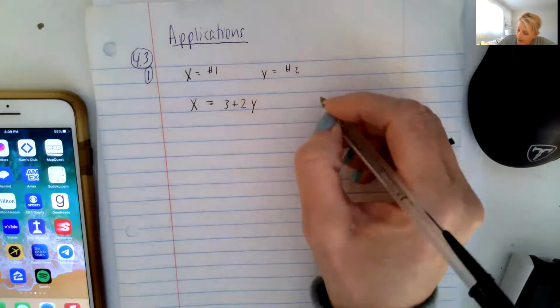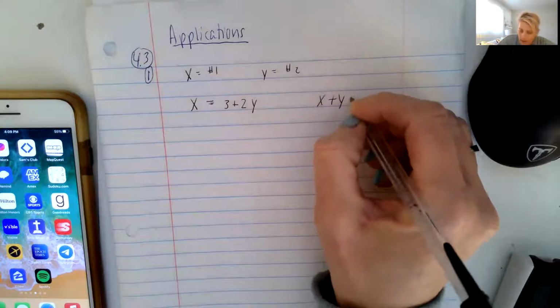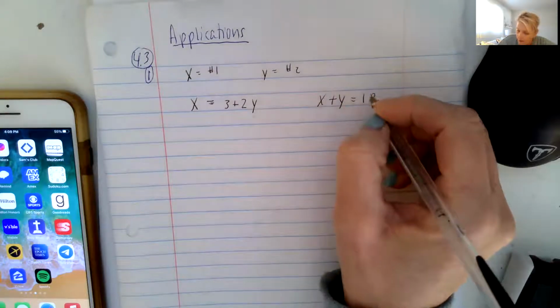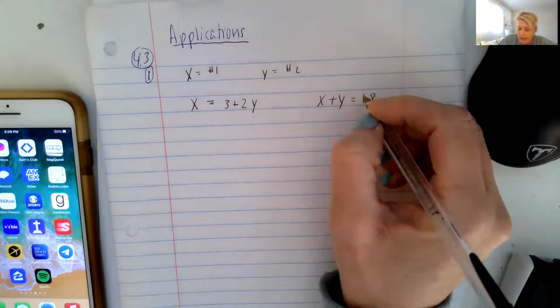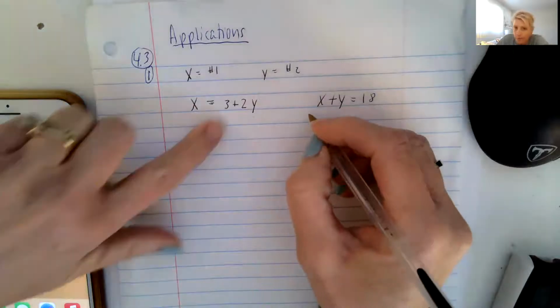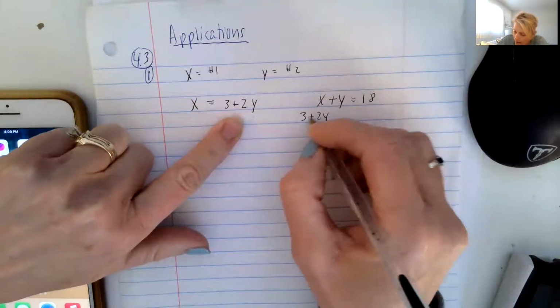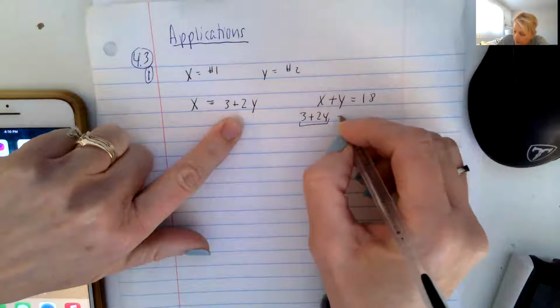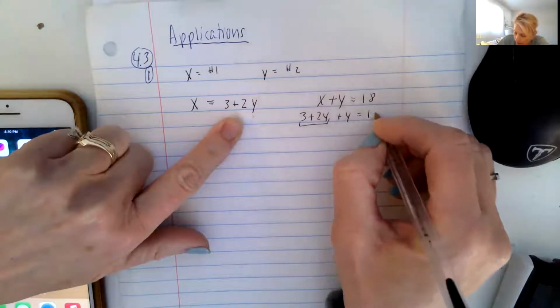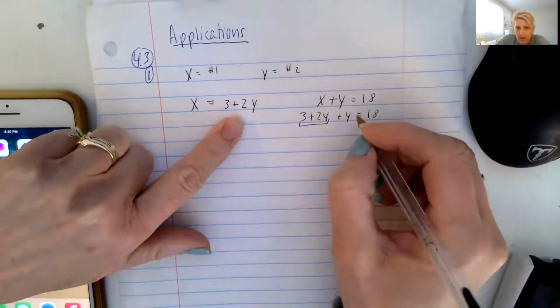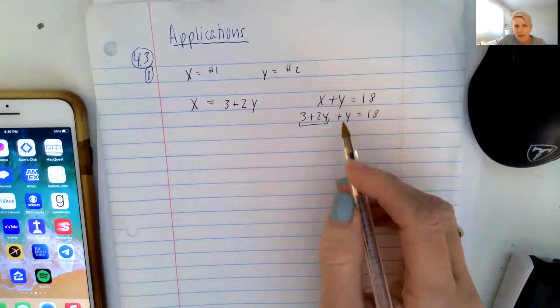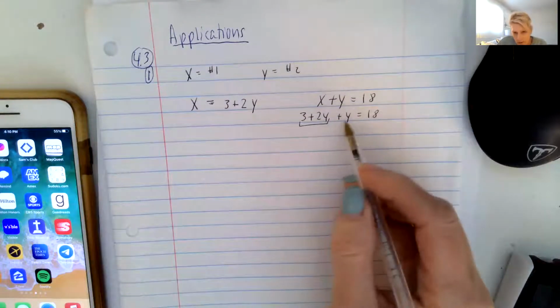So that means when I add X plus Y and they equal 18, it says the sum of the numbers is 18. X can really be described by 3 plus 2Y, that's X, plus Y equals 18. So now I have, the key is to get them all into one variable.